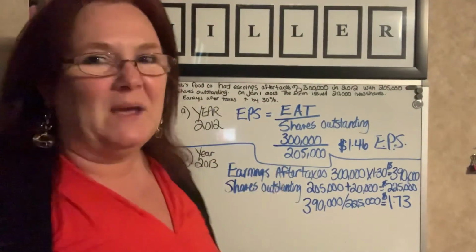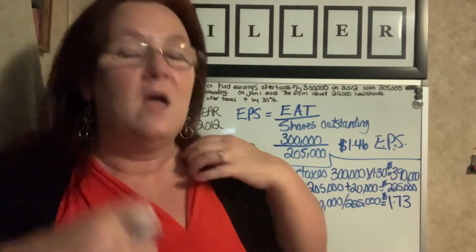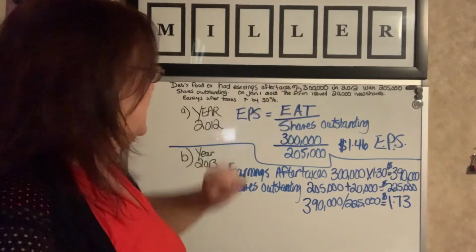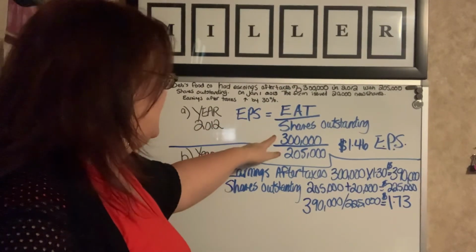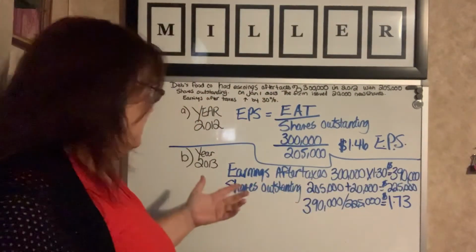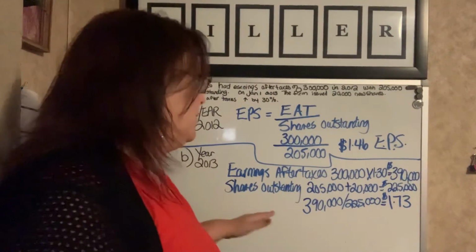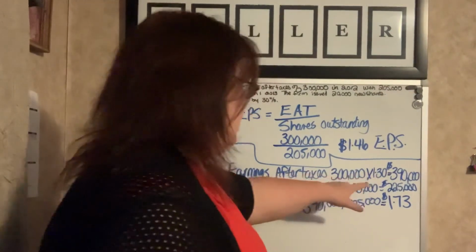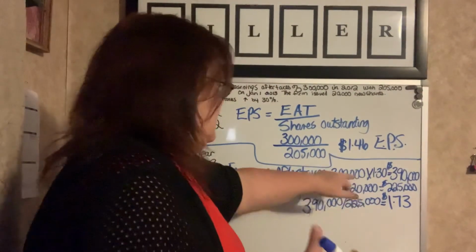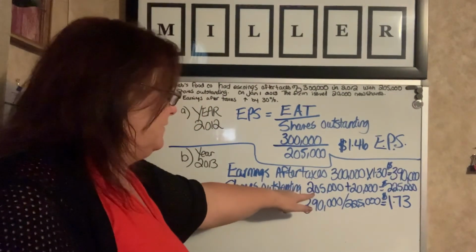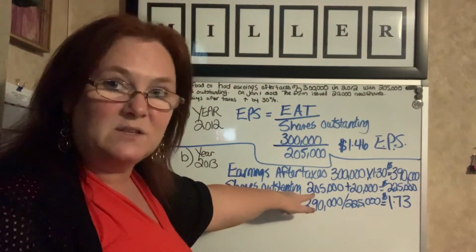So that's as basic as your homework gets for the earnings per share portion. You're literally taking the data they give you, your earnings after taxes, divided by your shares outstanding, which will get you your earnings per share. That's what we're looking for. You do the same thing here, but all you're really doing is multiplying it by 30% or 1.30, and you are taking the 205,000 shares that you had originally.